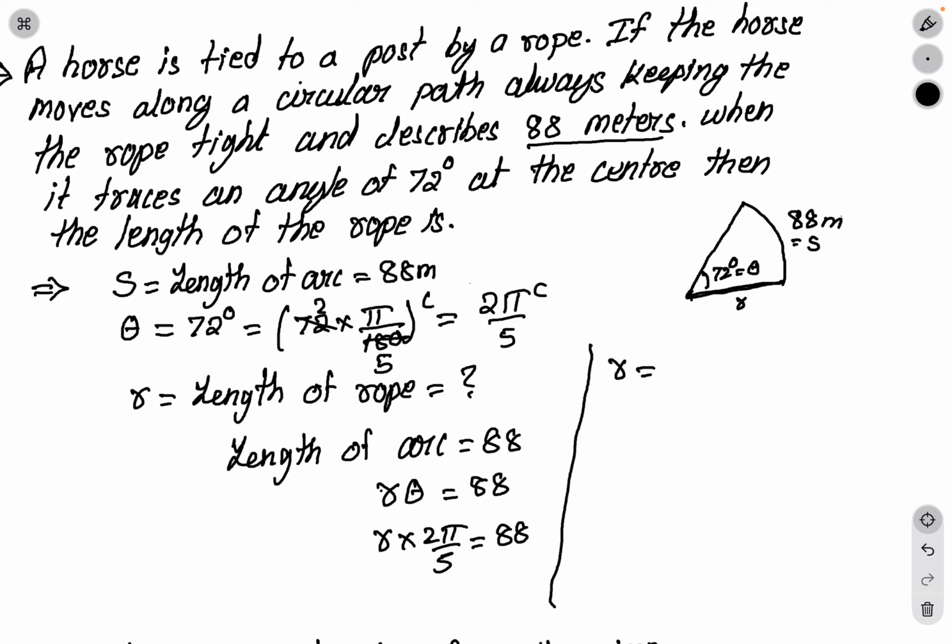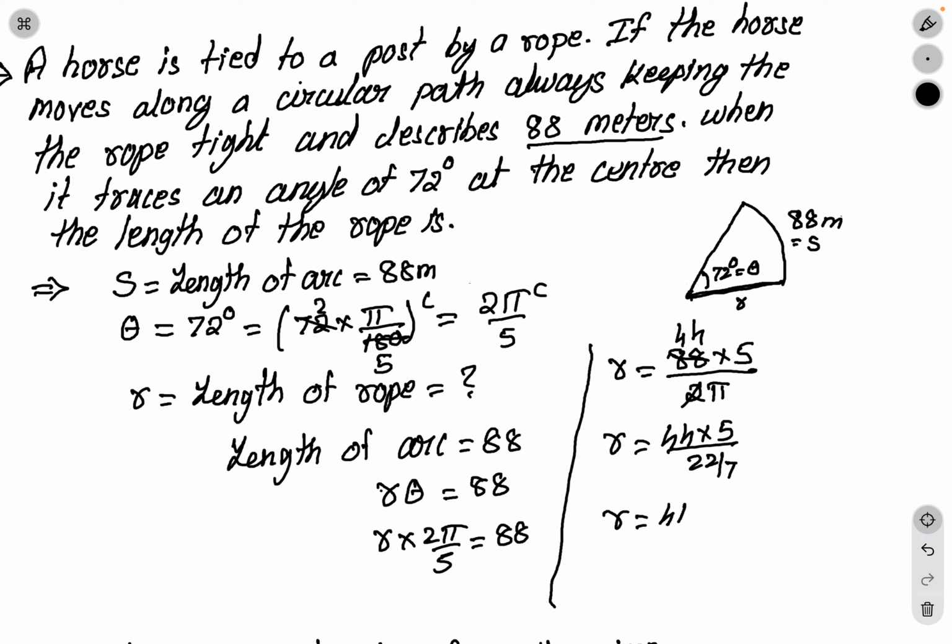Now R is equal to 88 into 5 upon 2 pi. This is 44. So R is equal to 44 into 5 upon 22 upon 7.